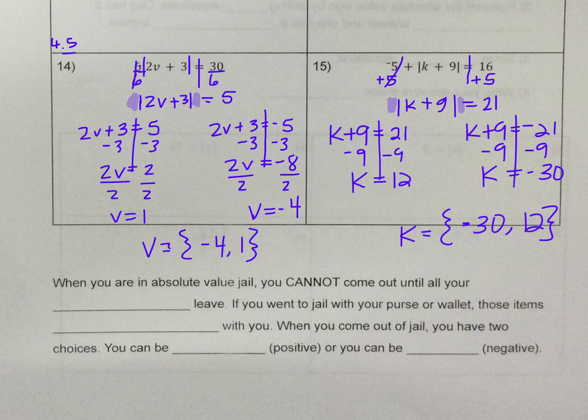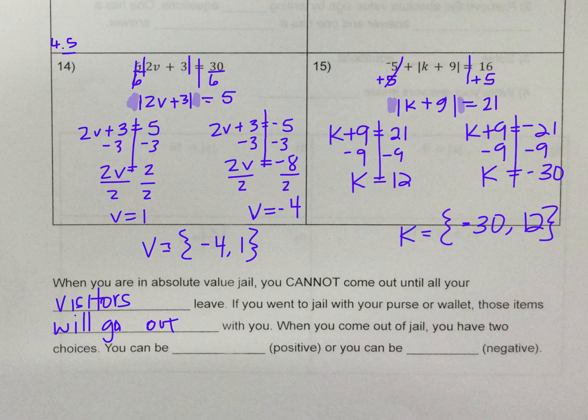All right, let's fill in these blanks together. When you are in absolute value jail, you cannot come out of jail until your visitors leave. If you went to jail with your purse or your wallet, those items will go out with you.